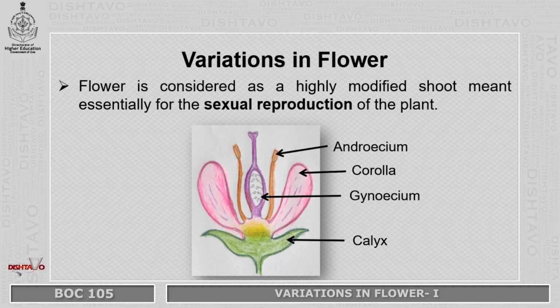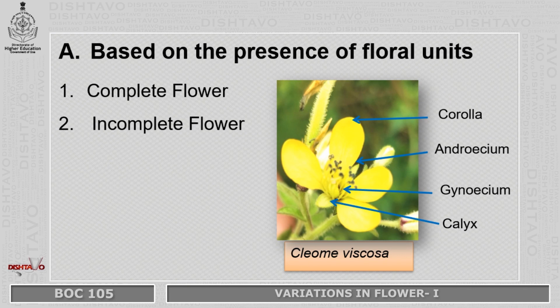Calyx consists of sepals, corolla consists of petals, androecium consists of stamens, and gynoecium consists of carpels. The presence of these floral units varies in different types of flowers.